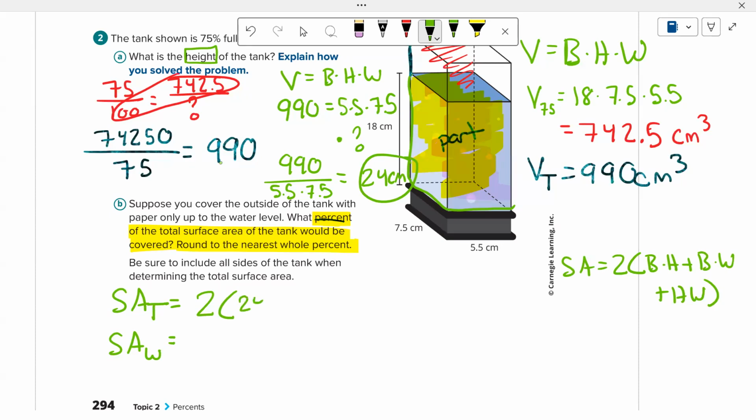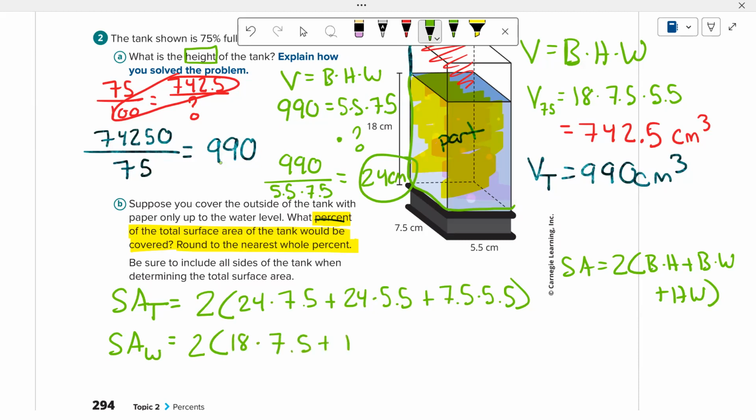Well, that's 24 times 7.5 plus 24 times 5.5 plus 7.5 times 5.5. And then for the water level, 18 times 7.5 plus 18 times 5.5 plus 7.5 times 5.5.